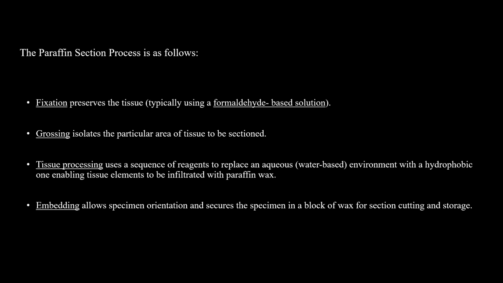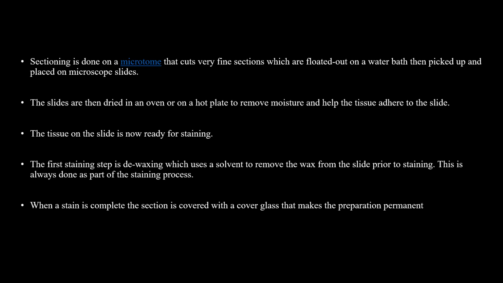Paraffin sections will follow fixation, preventing tissue decay, with a formaldehyde-based solution, tissue sectioning, replacing the aqueous tissue processing, tissue elements infiltrated with paraffin wax. Completed organic sectioning, a wax wash and section cutting.